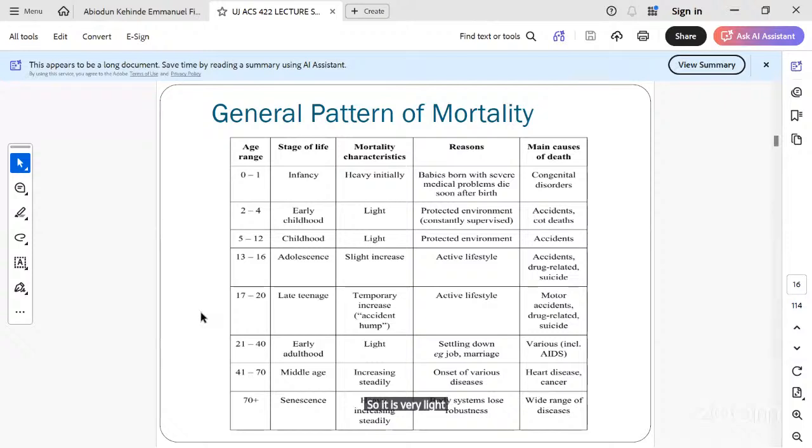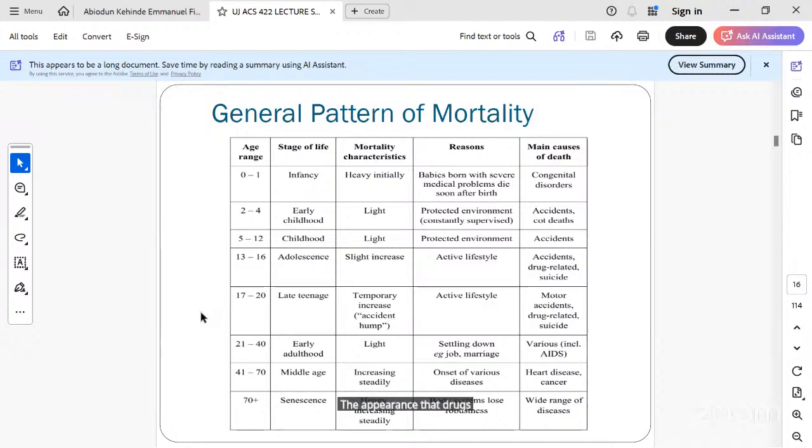Many of the mortality at this stage will be due to accidents, maybe a fall or their parents had drugs on them.